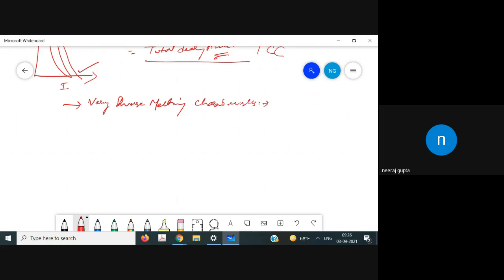To understand this, we need to address the physics of the problem.